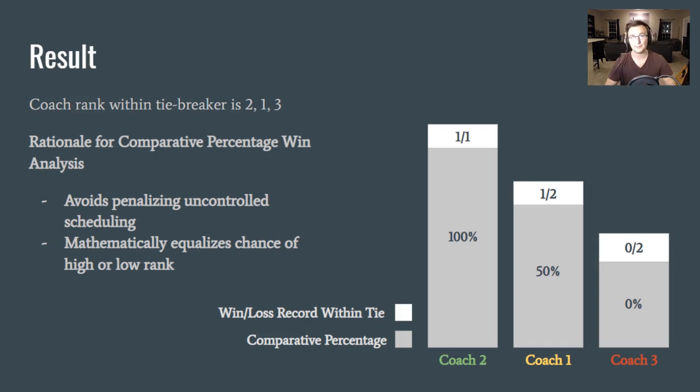So if you happen to only play 2 teams out of a group of 6 that all have head-to-head, if you beat both of those teams, of a similar rank, they are the best analog we can find for the rest of them. So we wouldn't say that if you beat 2 teams and didn't play the other 4, you're the same as another team that played all 6 and only beat 2 and lost to 4 of them. That's not okay. So what we do is the CPWA, the comparative percentage win analysis. And this is the analysis I just explained.